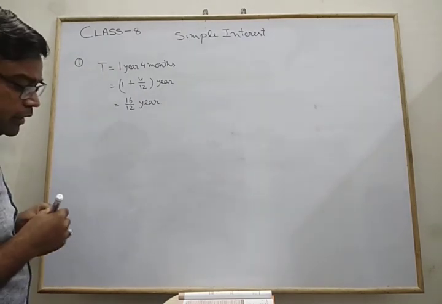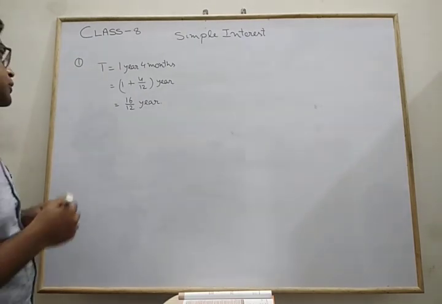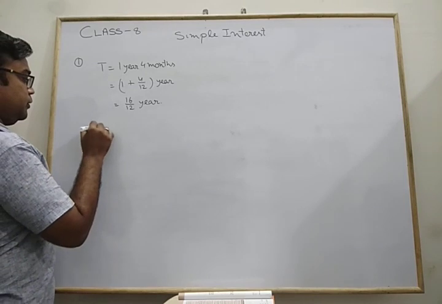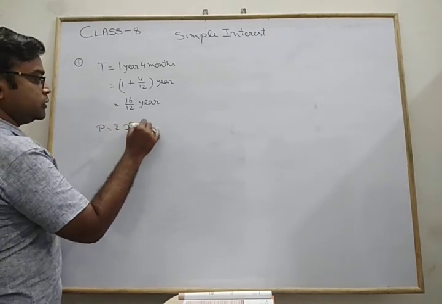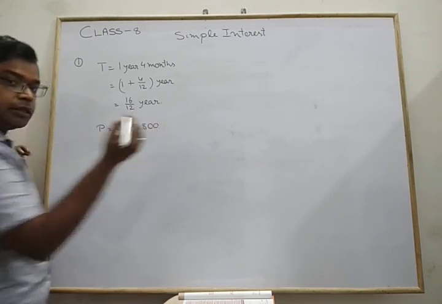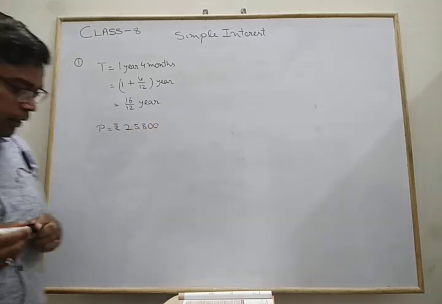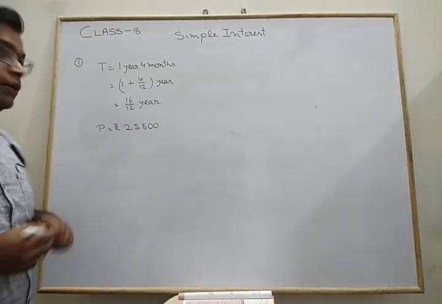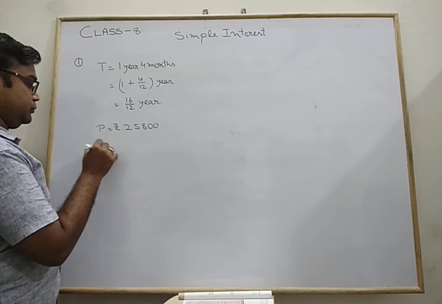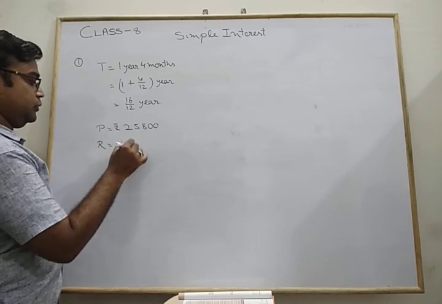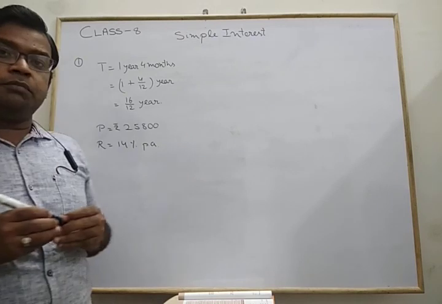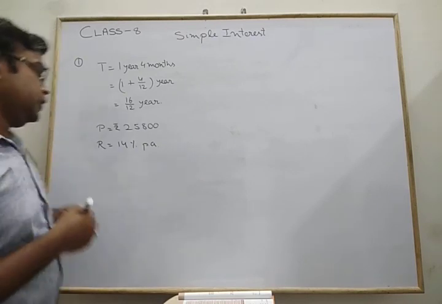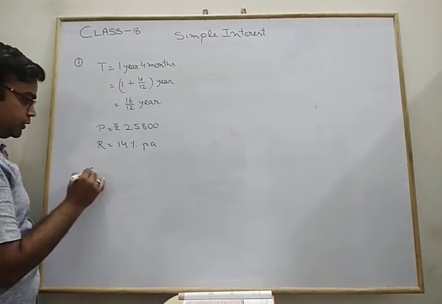Then the principal amount, the sum, is rupees 25,800. Then rate is given to you, 14% per annum. So we can easily find the simple interest.